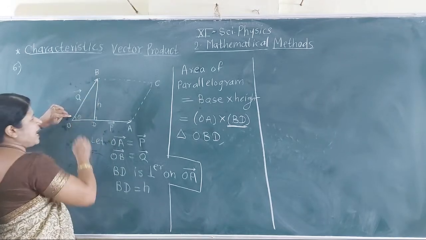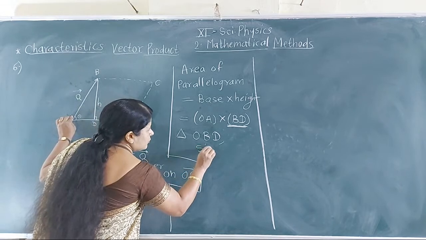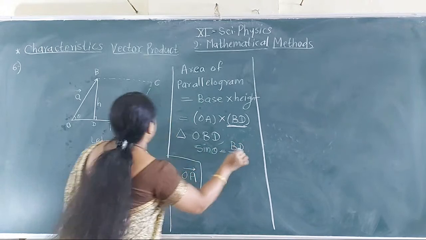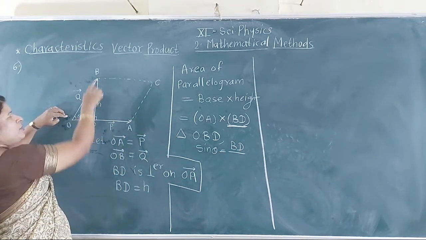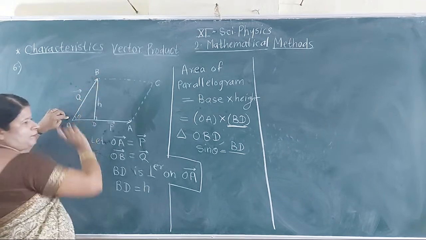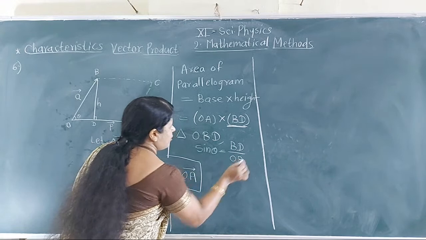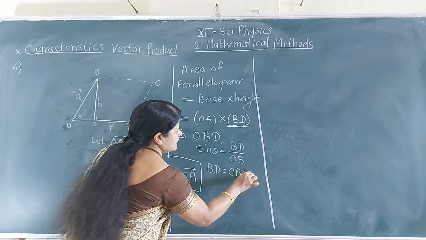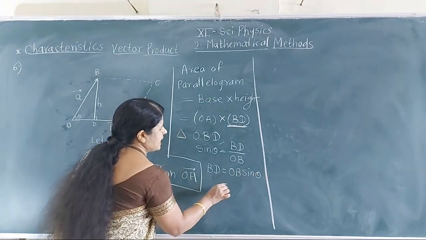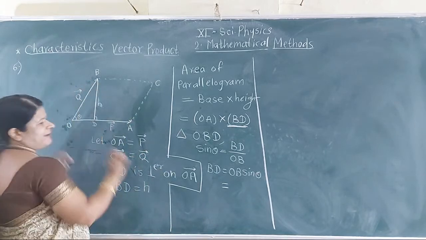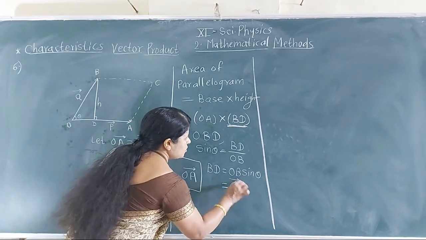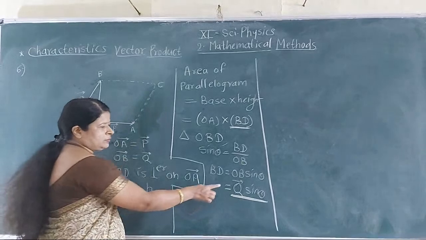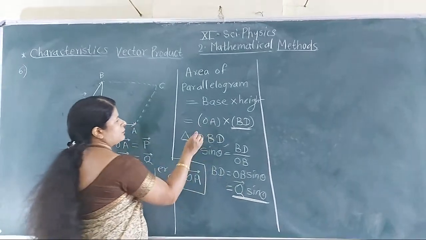This angle is theta, and now sin theta is equal to BD divided by OB. Therefore, BD is equal to OB sin theta, which is equal to OB, meaning vector Q. Therefore, BD is equal to vector Q sin theta.